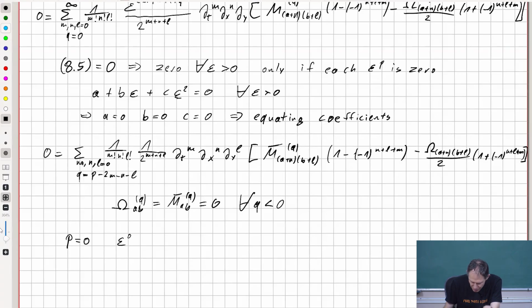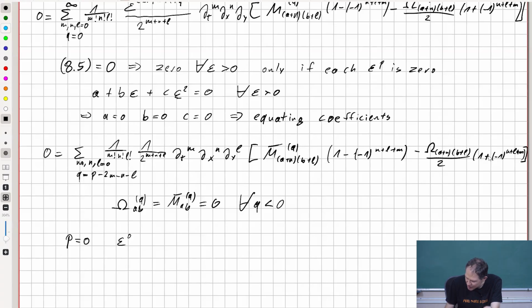So if we put epsilon to the power of 0 here, then p is equal to 0, so this only works when m, n, and l are also equal to 0. So we don't actually get this part here because we take this all to 0. It's 1 minus 1, this disappears.